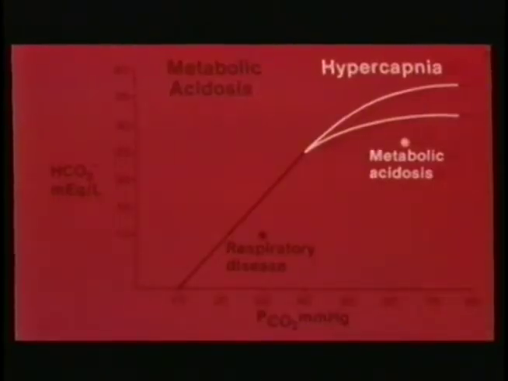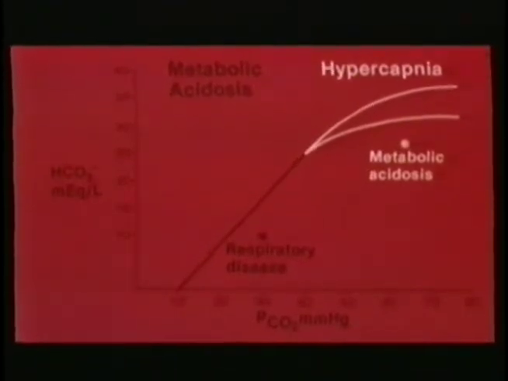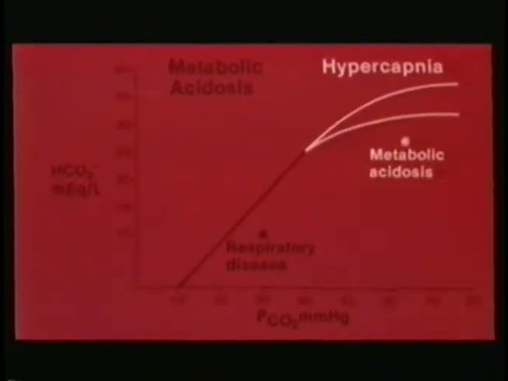23. To recapitulate, metabolic acidosis results from a decrease in bicarbonate concentration in body fluids, which leads to a decrease in the ratio of bicarbonate to PCO2. When respiratory disease is superimposed on the metabolic disturbance, the PCO2 remains greater than expected for uncomplicated metabolic acidosis.